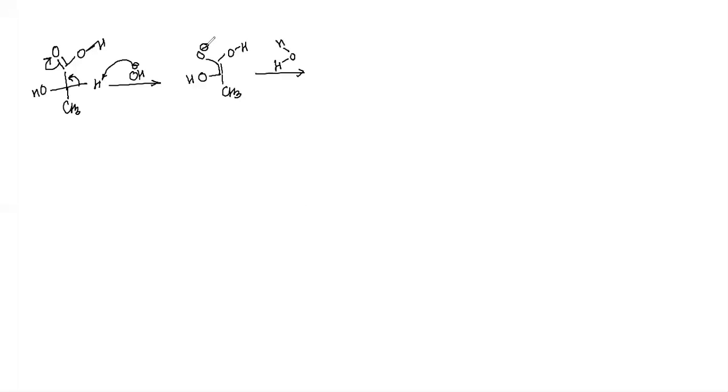Okay. Now this can come back, and this can be protonated either on this side or on this side, and OH can come this side. So in fact, you will get a mixture of these two.